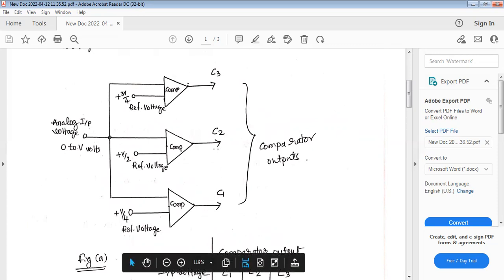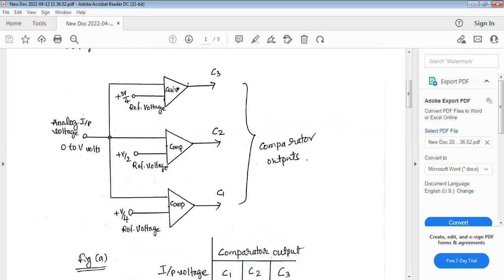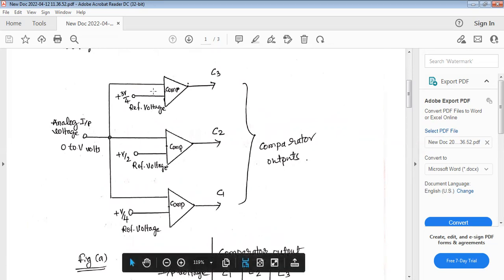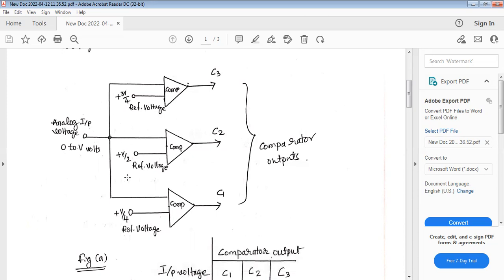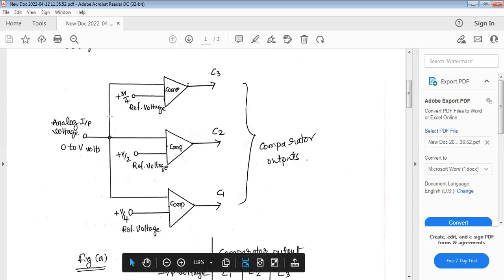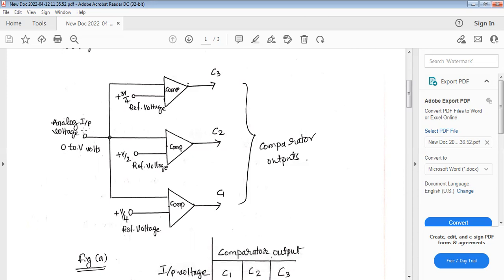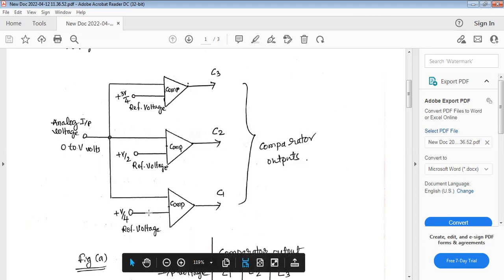So these C1, C2 and C3 are the comparators. This is comparator 1, this is comparator 2 and this is comparator 3. Each comparator has two inputs. One of the inputs is joined together for the supply of a common analog input voltage, whereas the other input of each comparator is given some reference voltage.